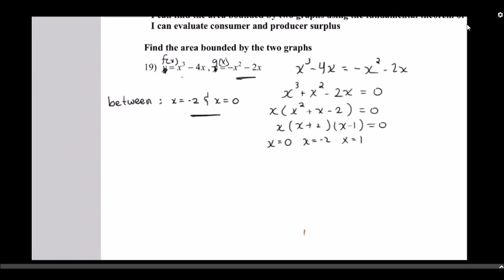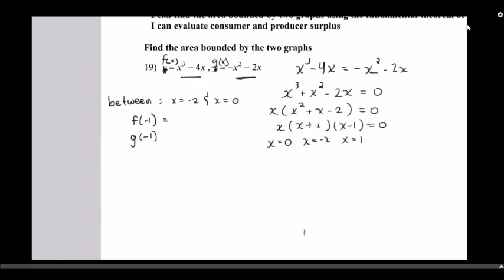So what I need to do is choose a point in between -2 and 0. -1, for example. So I'm going to test f of -1 and g of -1 and see which one has the larger value. Whichever one has the larger value means that's the above function or the function on top between x equals -2 and x equals 0.